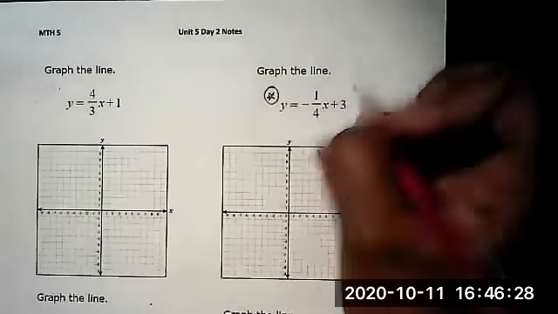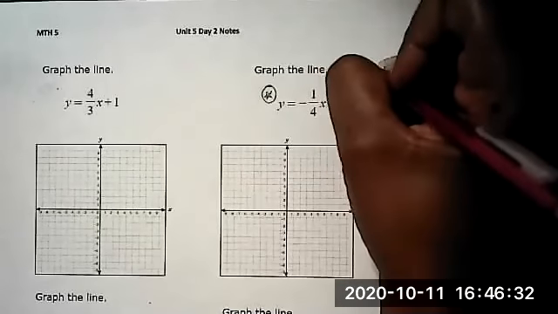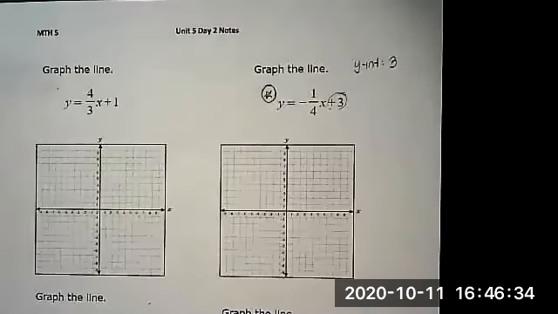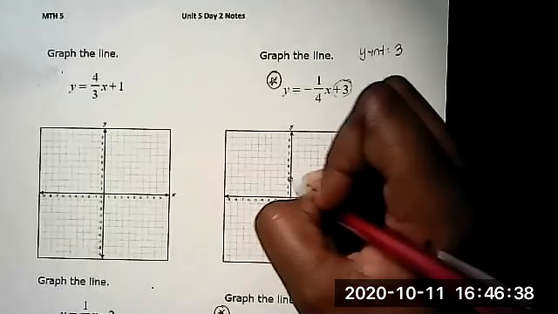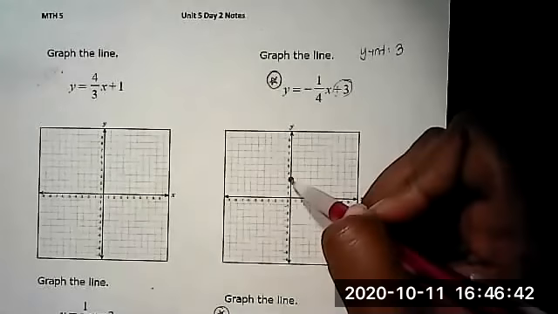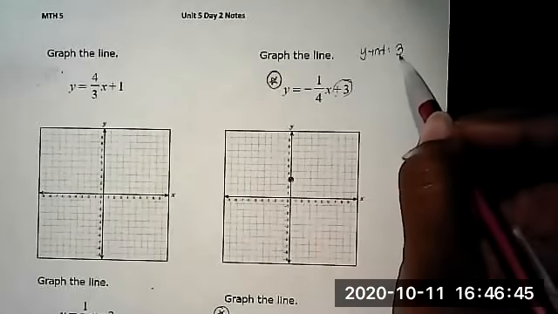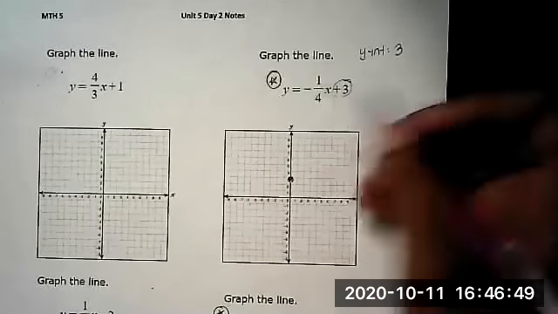All right, so of course, this number here would be our y-intercept. Okay, our y-intercept is 3. So at +3, 1, 2, 3 on our y line, that would be our y-intercept. Okay, that point is 0, 3. The y-intercept is 3, and y is always on this line. Our slope now.